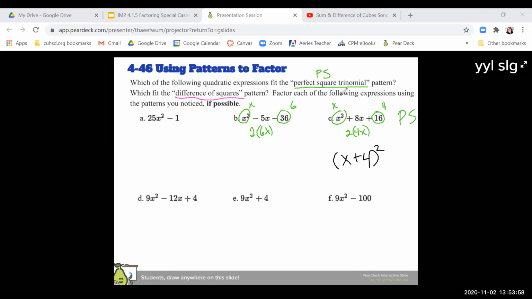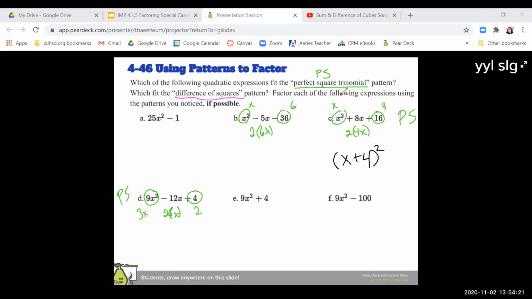Okay, we've got 9x squared. Let's see, the square root of that is 3x. We've got 4 at the end. The square root of that is 2. If we multiply those together, we get 6x. And if we double that, do we get 12? Yeah, we get a negative 12, but we'll work that out at the end. So this works. This is the perfect square.